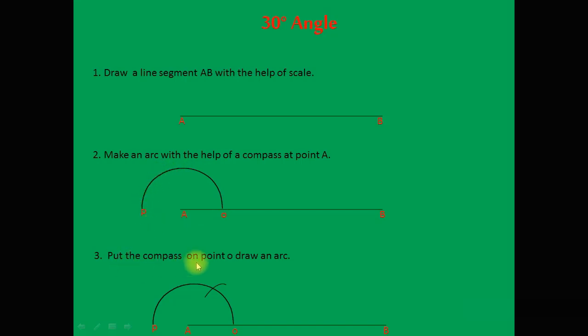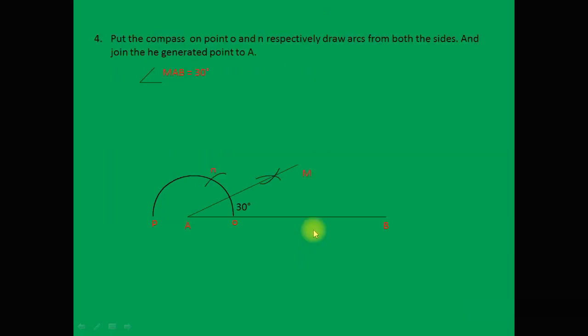Now put the compass on this point O and draw another arc. This cut point is the another arc N. Now put the compass on point O and this point N respectively, and draw arcs from both the sides.